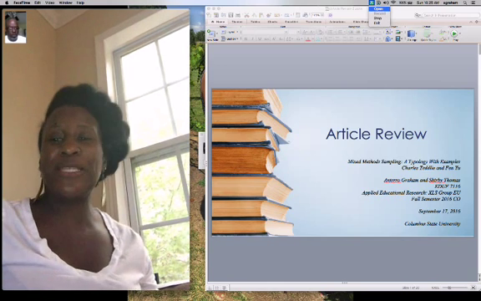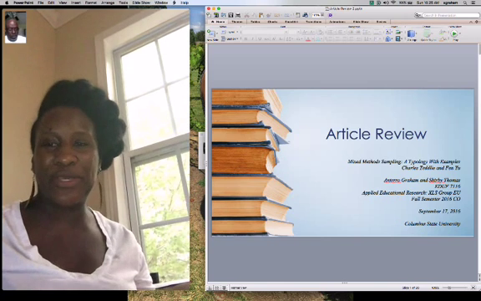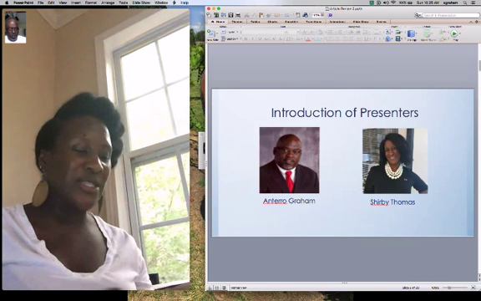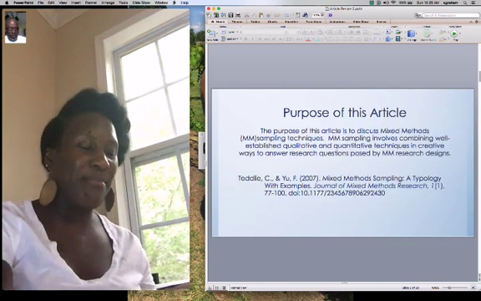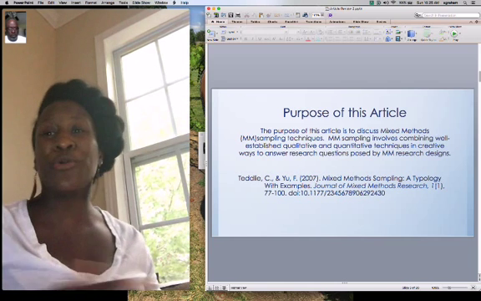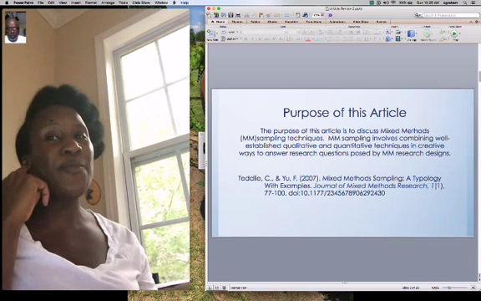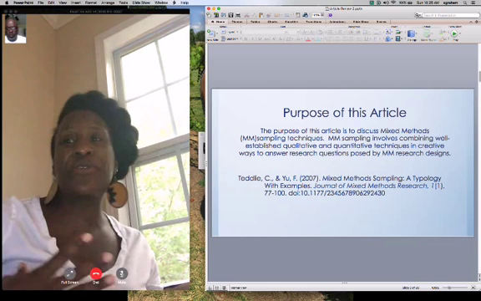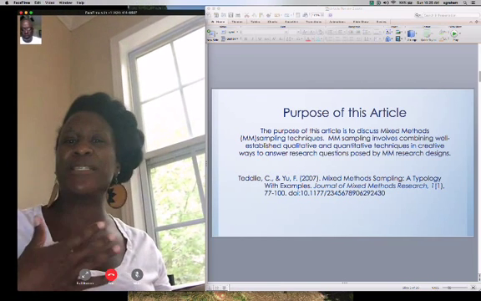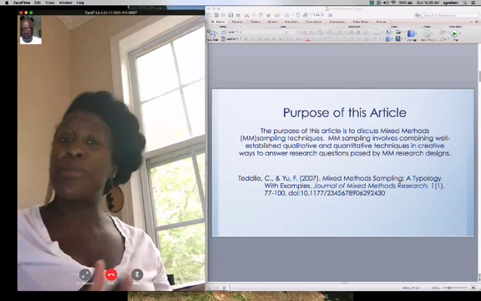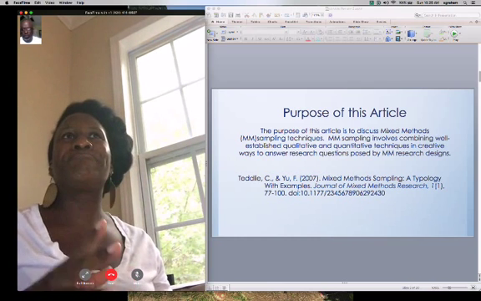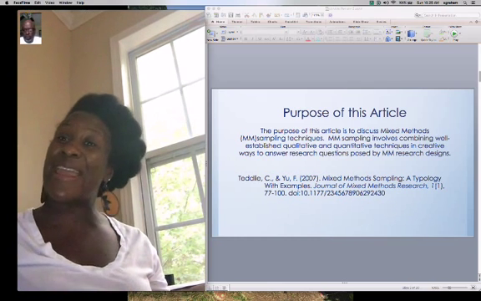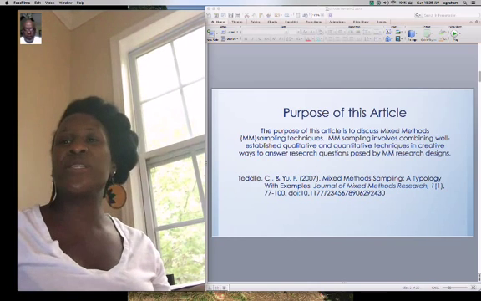Okay. So, Antero, as I was going through this article, just starting at the beginning, why was this article written in the first place? Well, the purpose that I gathered, there wasn't necessarily a problem or a design, per se, with this article.